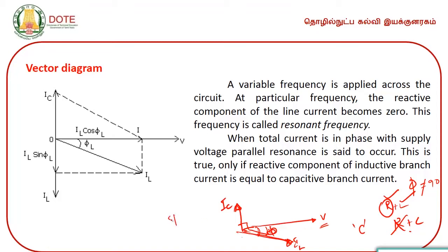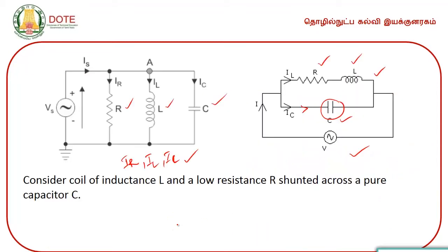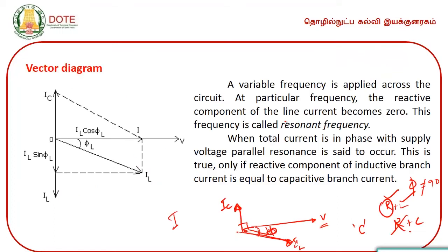Now, what is the total current I you see here? I is equal to IL plus IC. It is not the algebraic addition, it is the vectorial or phasor addition. So, I am going to apply the parallelogram law of vectors to add these two phasors. How to draw the parallelogram?